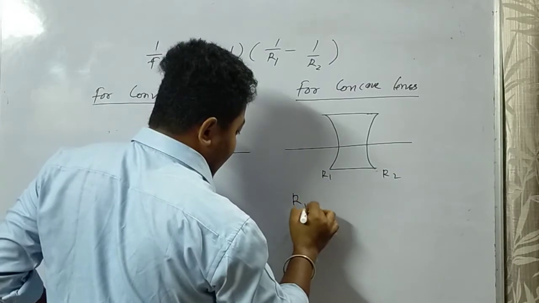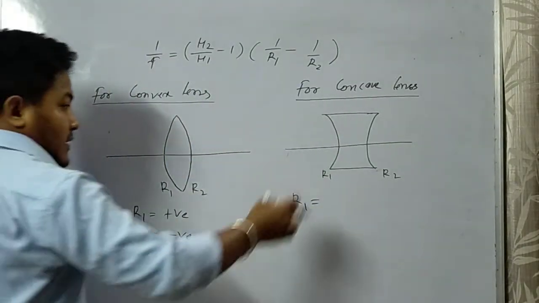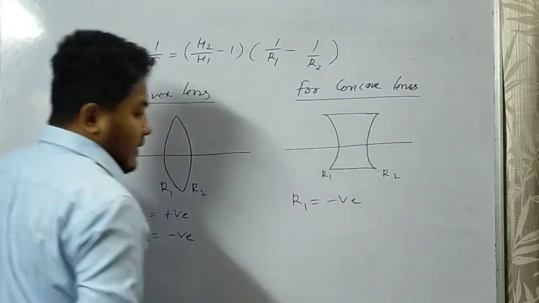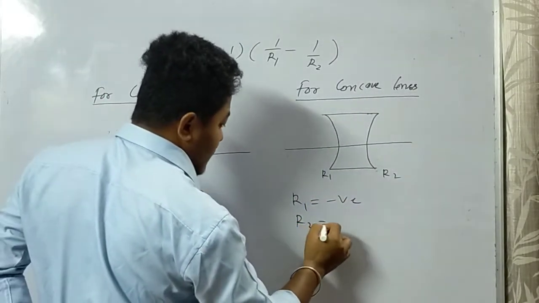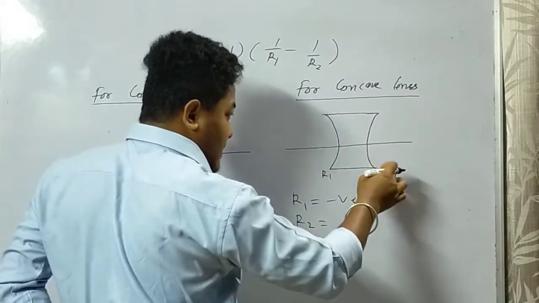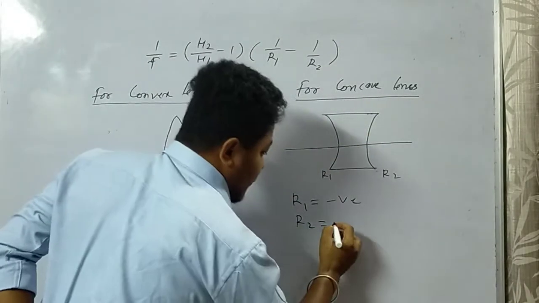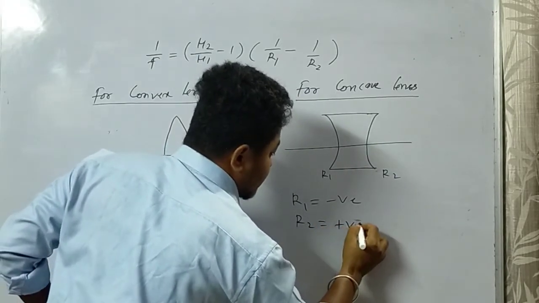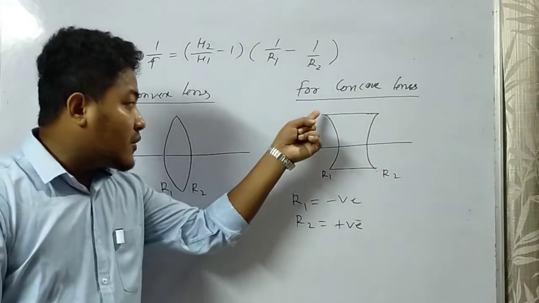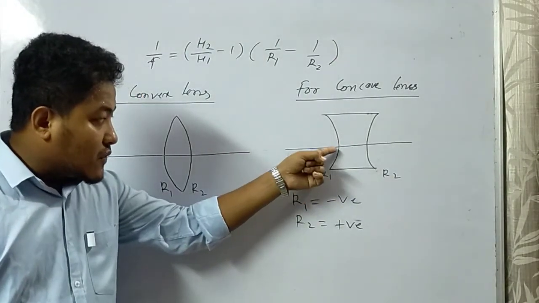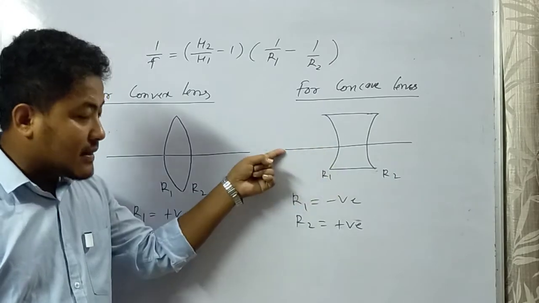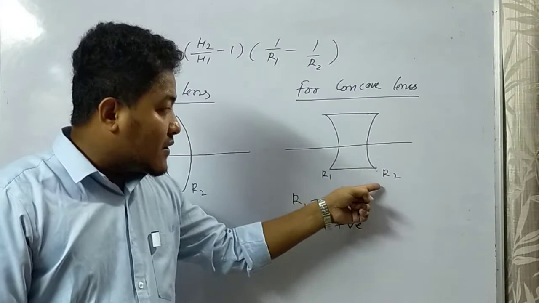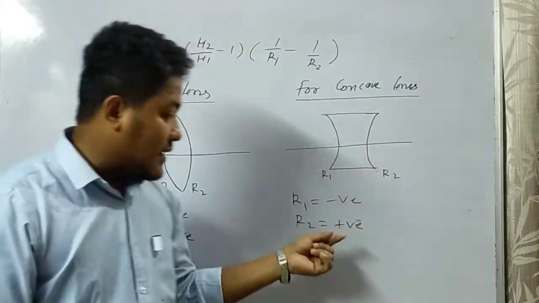You can see that R1 in this case, this being the first spherical surface, will be negative. Am I clear? And R2, the second spherical surface, is going to be on this side, so it is going to be positive. Have you understood what I am telling? In case of the first spherical surface, the radius of curvature lies on the left side, so it is negative. In case of the second spherical surface, it lies on the right side, hence it is positive.